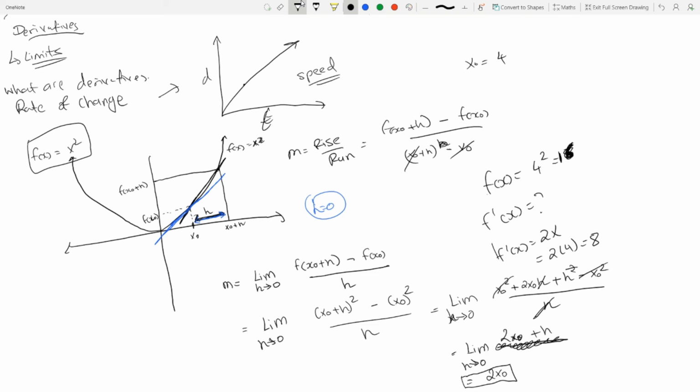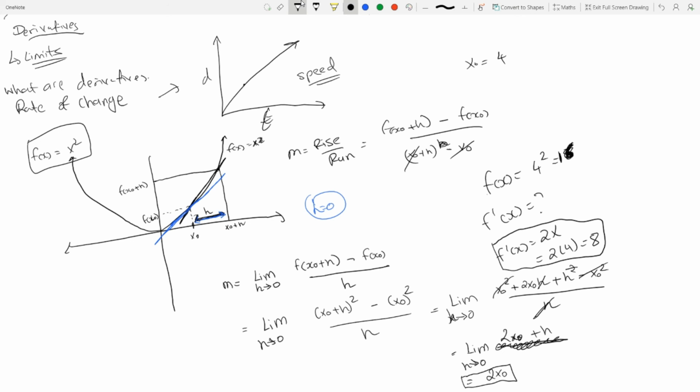Right? So this is what the rate of change is at that one single point. All right? And this is basically the simplest explanation of what derivatives are. You're trying to find the instantaneous change, how the graph is changing.